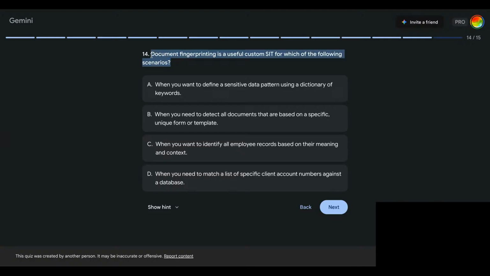Okay, let's look at number 14. Document fingerprinting is a useful custom SIT for which of the following scenarios? So which scenario would work best for document fingerprinting?